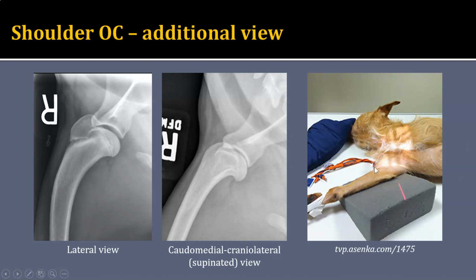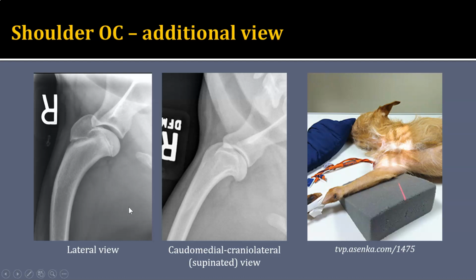To obtain this view, the patient will still be in lateral recumbency with the shoulder of interest on the table. And then what we will do is rotate that elbow into a supinated position, which then also rotates the proximal humerus.